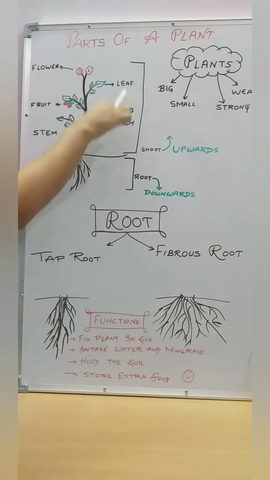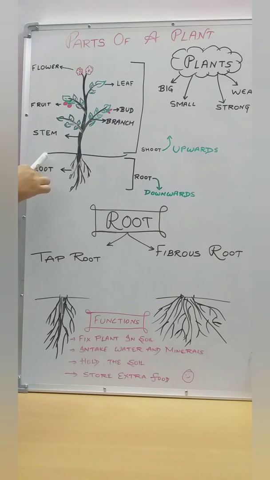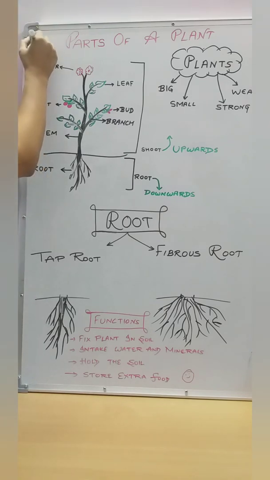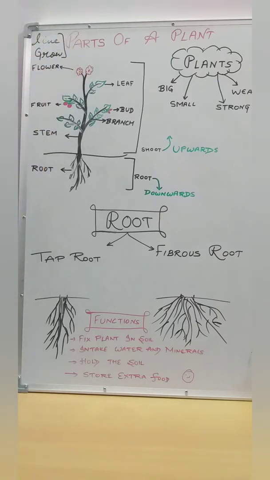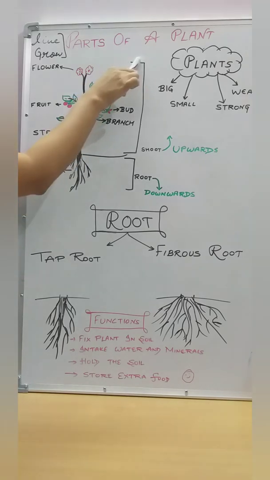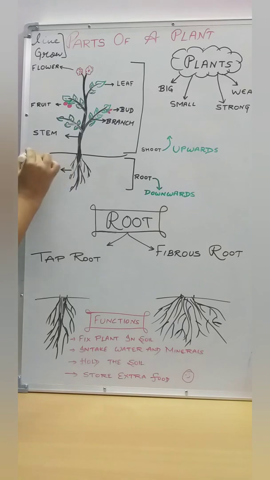Different parts of the plant work together to live and to grow. So there are two types of parts. The first one is above the ground. We can see the part that is above the ground.